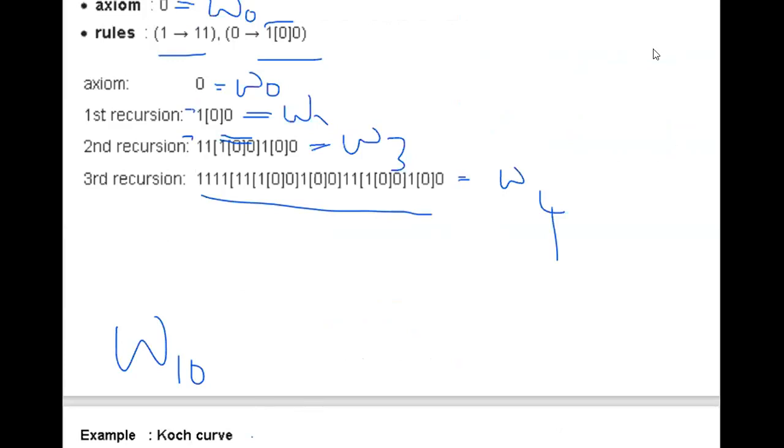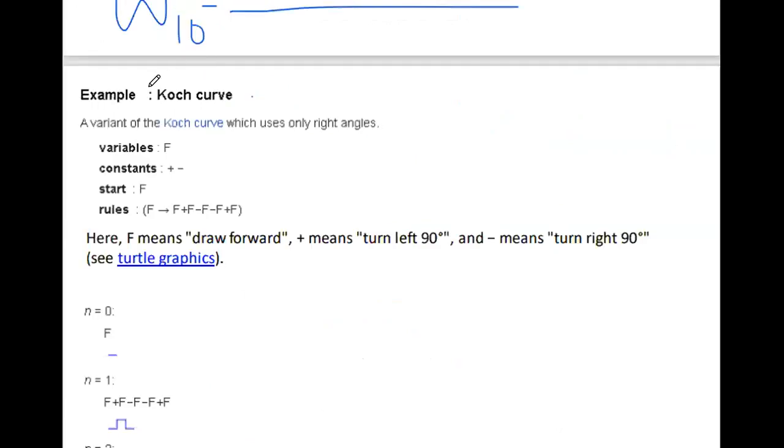Another one is the variant Koch curve. Here the alphabet consists of three characters.